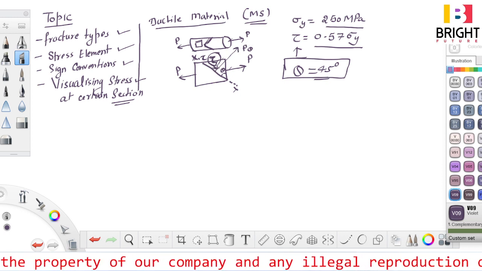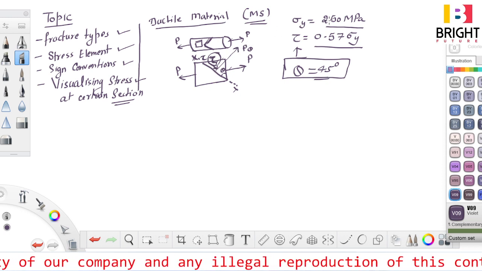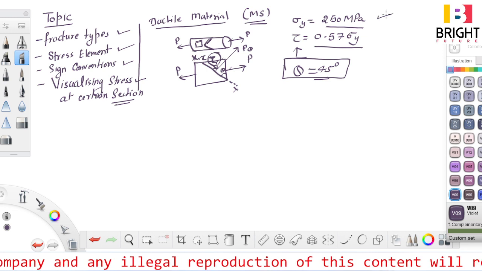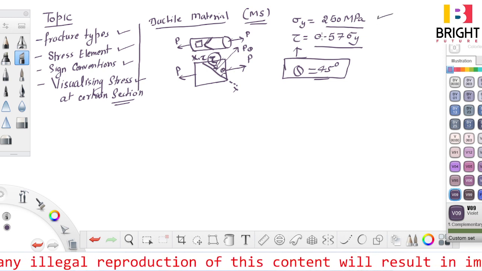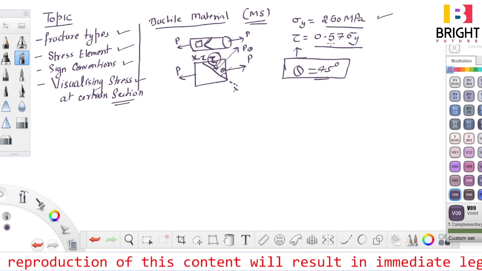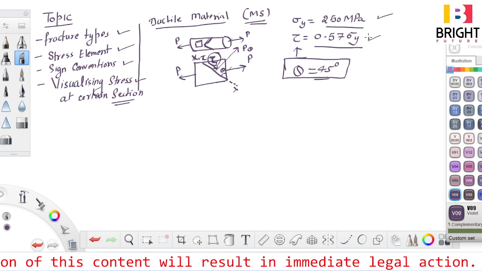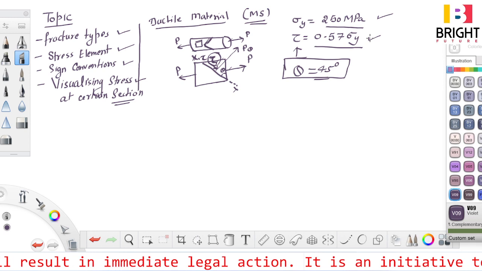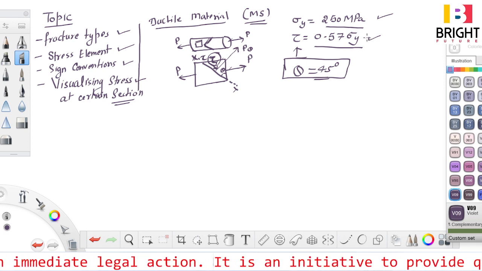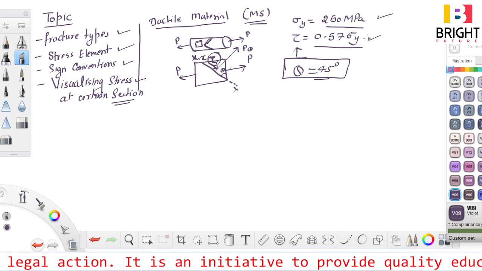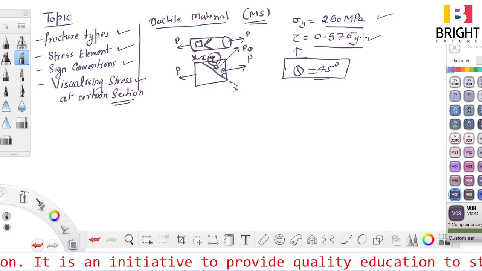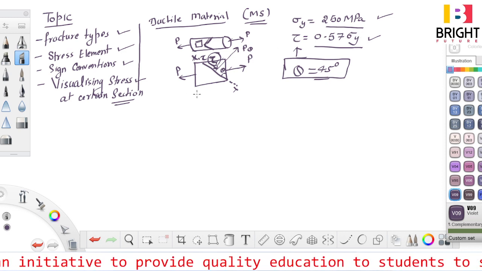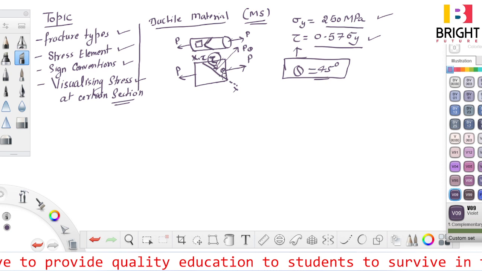Now, if the material is loaded in tension, then the material can sustain 250 megapascal without failure. But in case of shear, the material will fail at 0.57 times sigma y. It means at a very small amount of load it will fail. Now, the material will fail from which plane, at what angle?